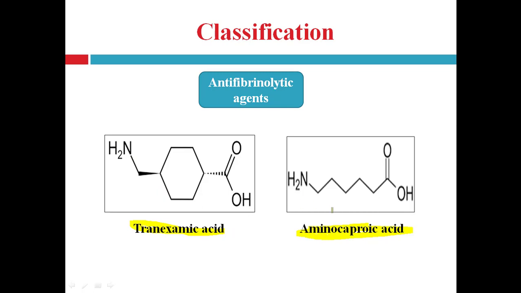And aminocaproic acid also has the amino group and carboxylic acid group, but it has a long chain of 6 carbons, right? And here 6 carbons are present in cyclic structure, that's why it is cyclohexane, right? So both are similar in molecular formula, right? Both have 6 carbon atoms, both have the carboxylic acid group and 1 amino group, right? But the structure differs.